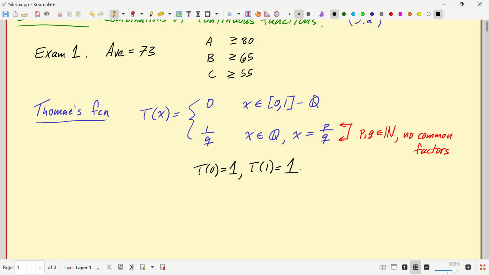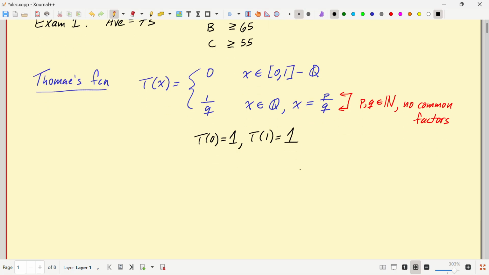Then this wild and crazy function is continuous at every irrational number. So t is continuous at each x that's irrational.